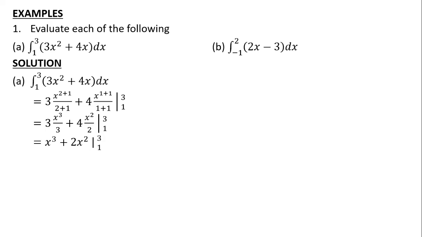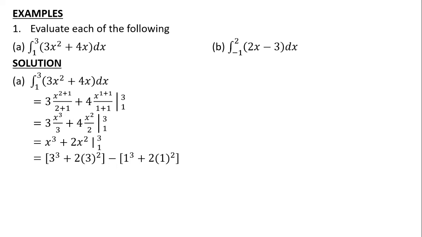So from there, we are going to replace a 3 where there's x, and then we'll subtract with a 1 where there's x. So we are going to say 3 to the power 3 plus 2 times 3 squared minus 1 to the power 3 plus 2 times 1 squared.